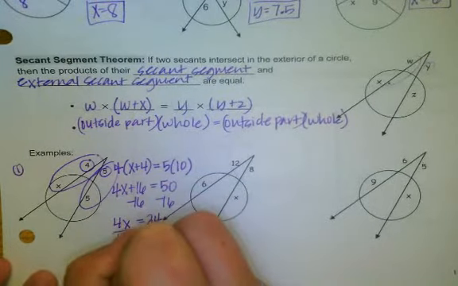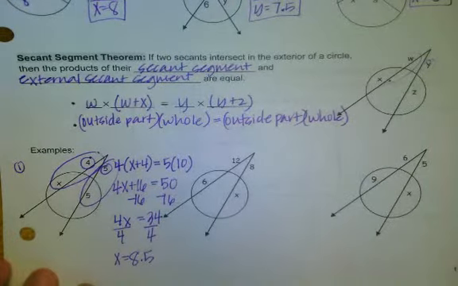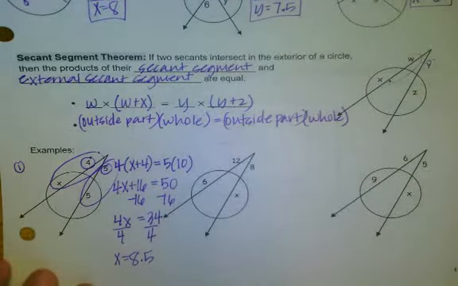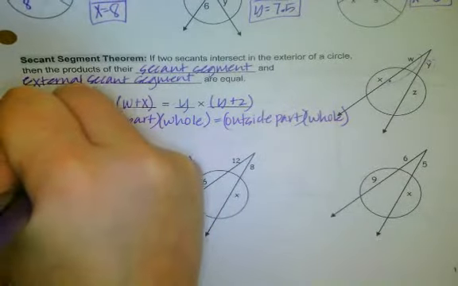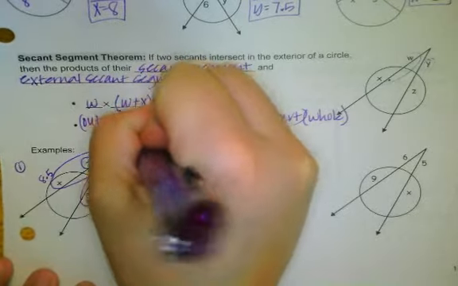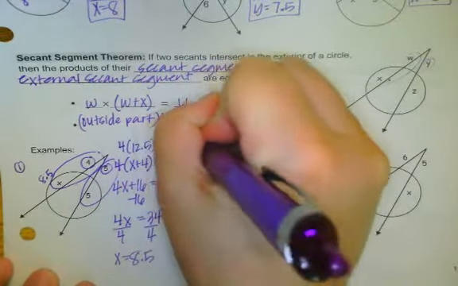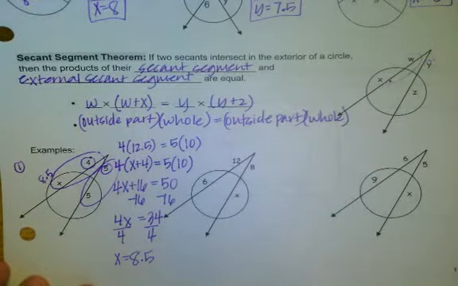Okay, and you can always go in and make sure that you've done it correctly. So if x is 8.5, then 4 times 12.5 should equal 5 times 10. 4 times 12.5, 50? Yes, no, maybe? Yes.